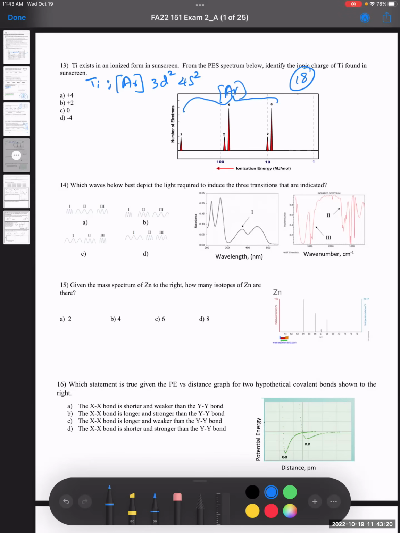So that means we have removed all the electrons from 4s and all the electrons from 3d. That means we have removed altogether 4 electrons. That means it's going to have 4 more protons than the number of electrons, meaning it's going to have a +4 charge. Okay, that's the correct answer for that.